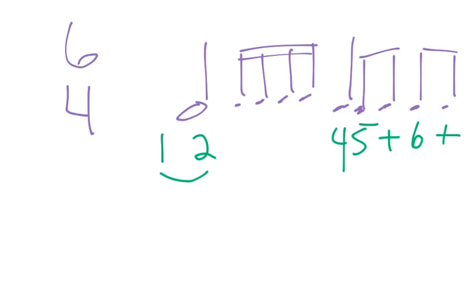Now, 16th notes, we count them as 1 e and a, 2 e and a, 3 e and a, 4 e and a. So once again, this lies on beat 3, so our first one's going to be 3. Now the direct middle of the beat would be the and, so here's the direct middle. And what goes in between the front and the middle is going to be the e. And what goes between the middle and the 4 of the next beat is an a. So 3 e and a. Okay?